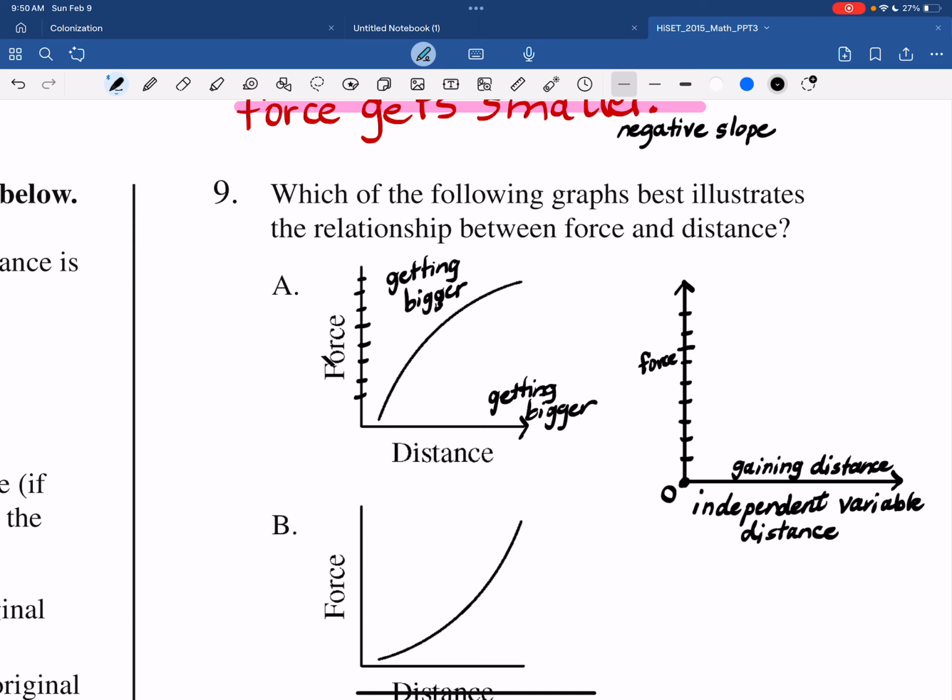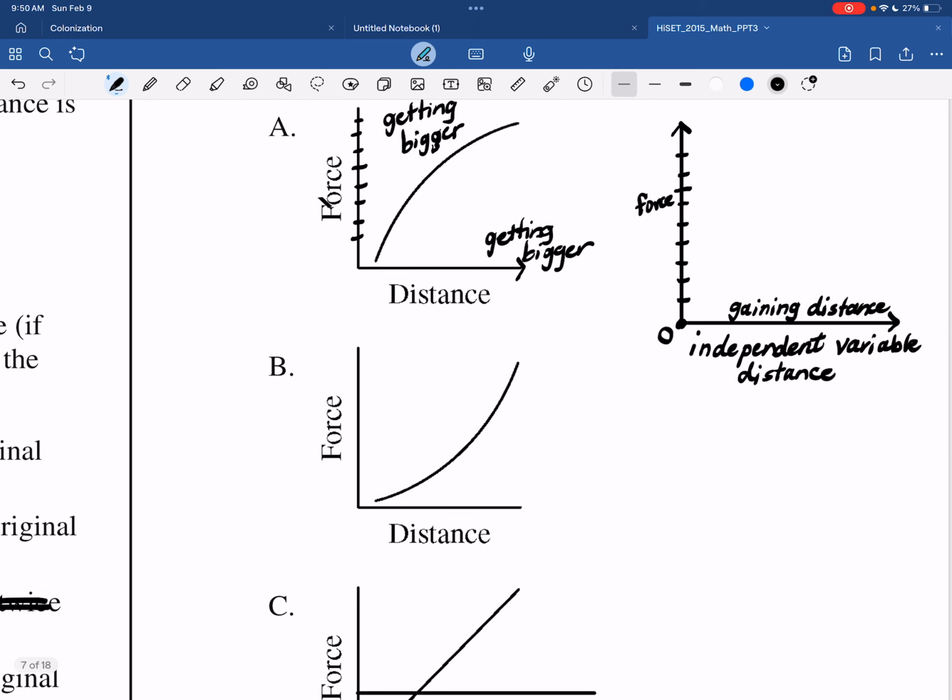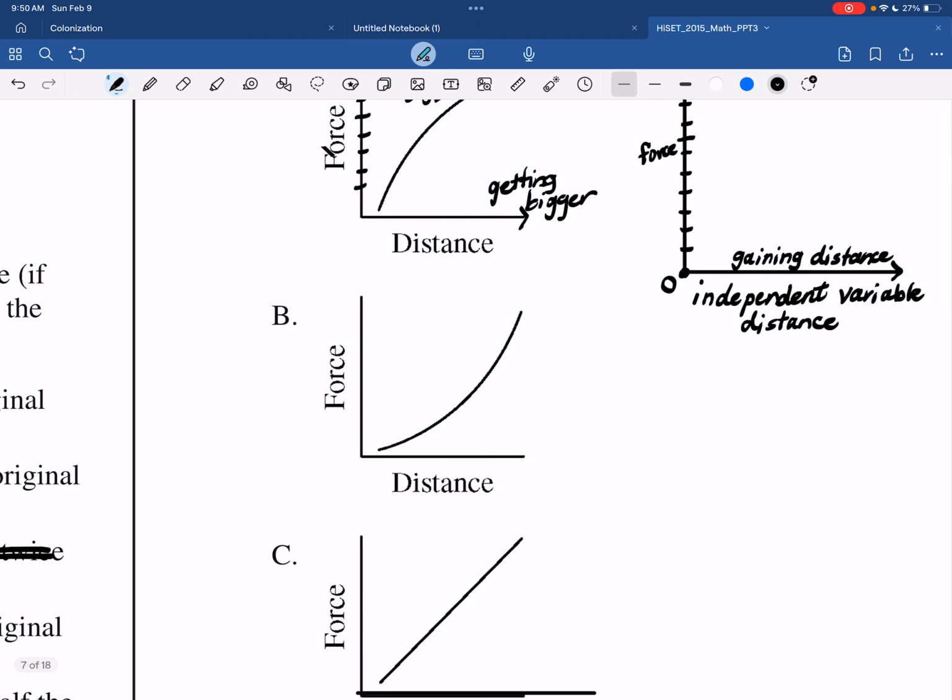Okay. In this scenario, there's no movement at all, no force at all. As distance is growing, moving this way, what is happening to force? It's also growing, and again, that is not what we want. That is a proportional relationship where both are growing in unison.